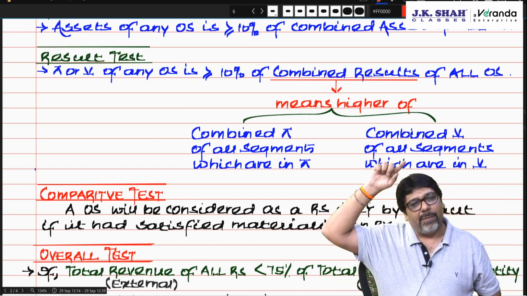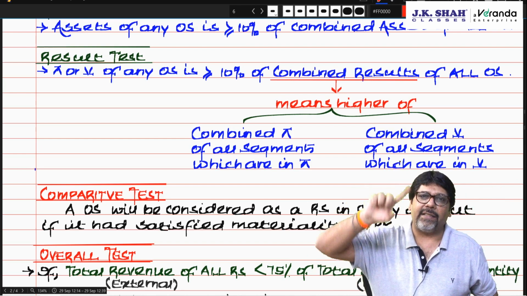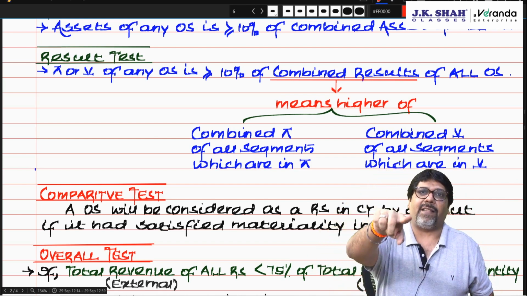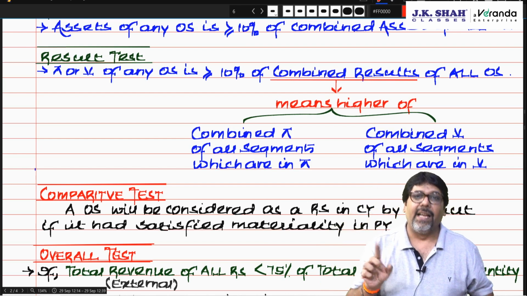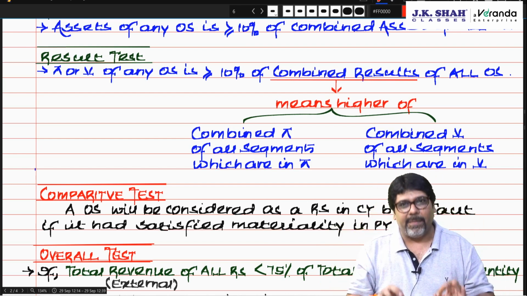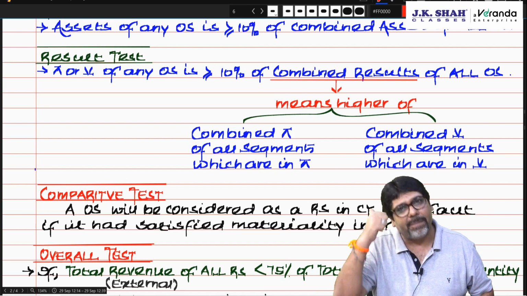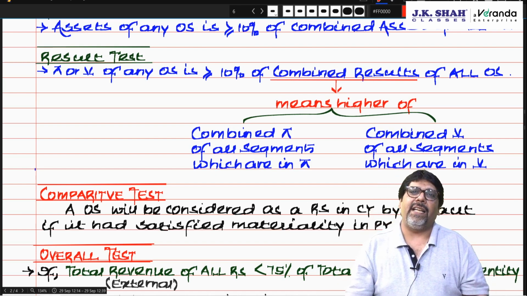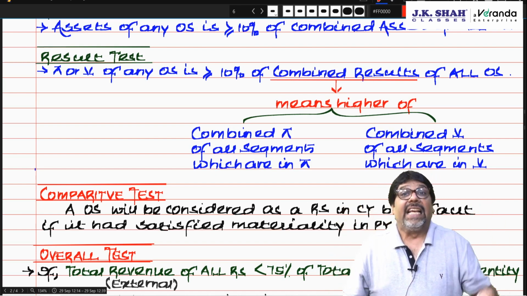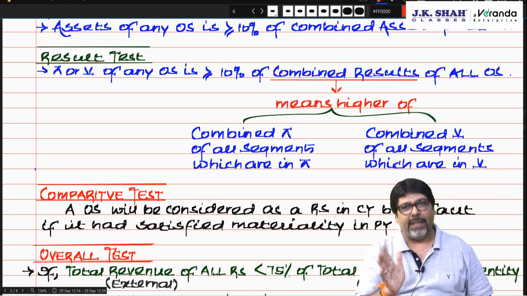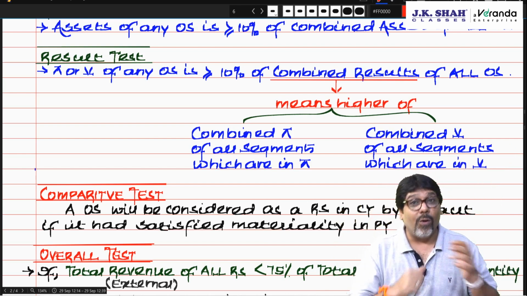Similarly, any segment which was reportable in the previous year because it had passed materiality test is reportable in current year by default, even if it does not pass any materiality test. Am I clear?